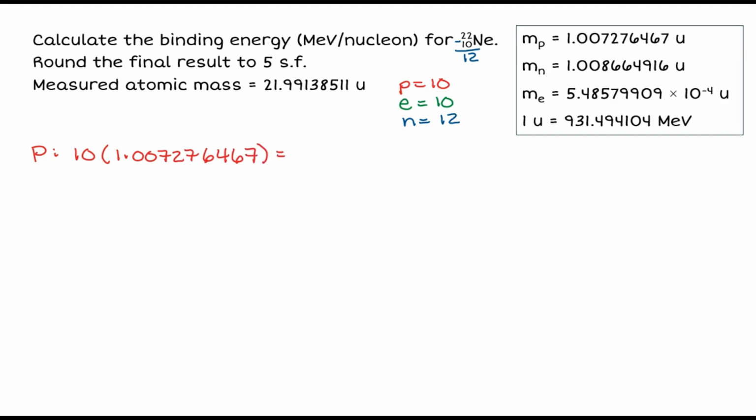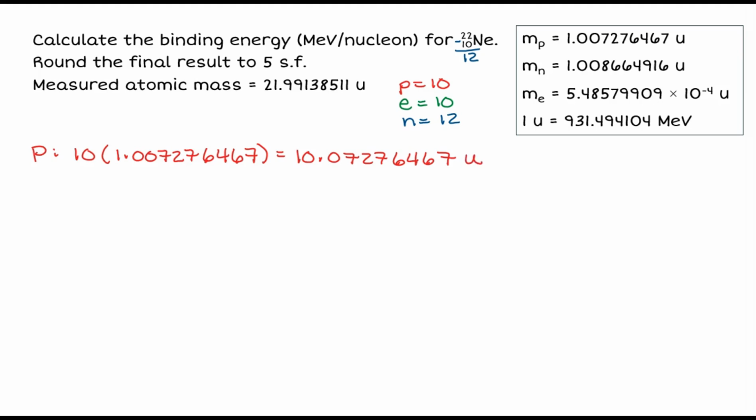And when we multiply those together, 10 times 1.007276467, rounded to 10 digits, gives us 10.07276467, and the units are u.